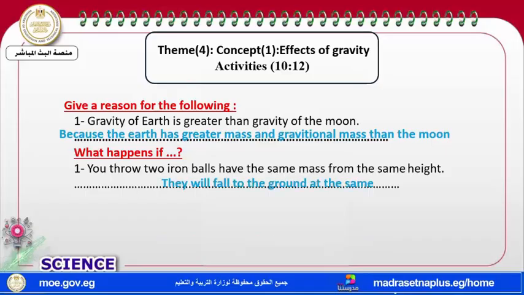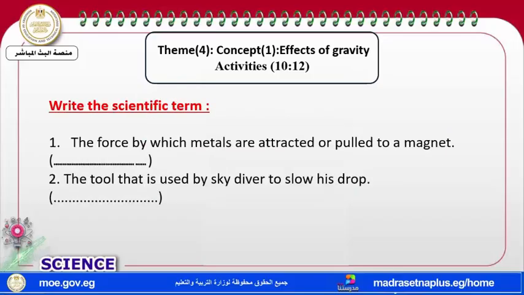They will fall to the ground at the same time. The next one. Scientific term: the force by which metals are attracted to a magnet. Metals are attracted to the magnet by magnetism. A tool used by a skydiver to slow his drop is called a parachute.